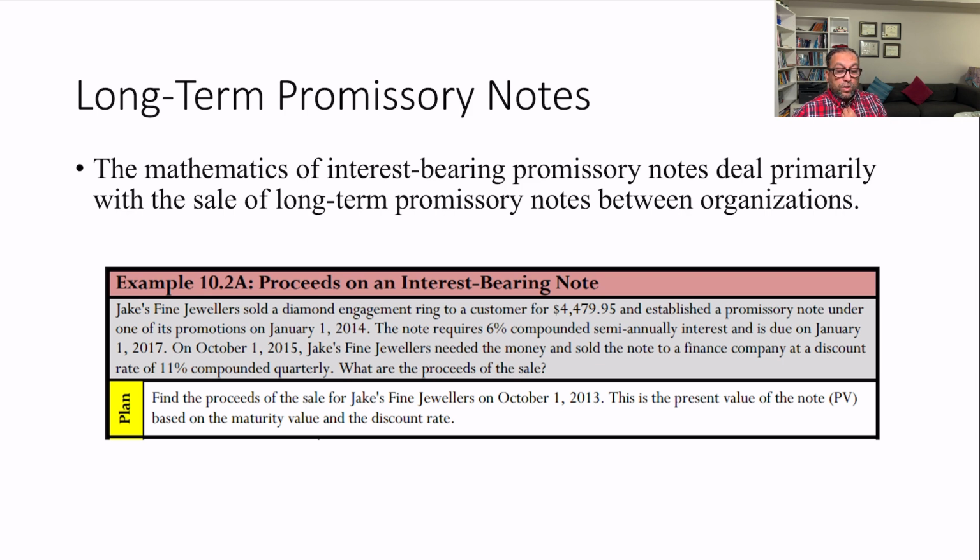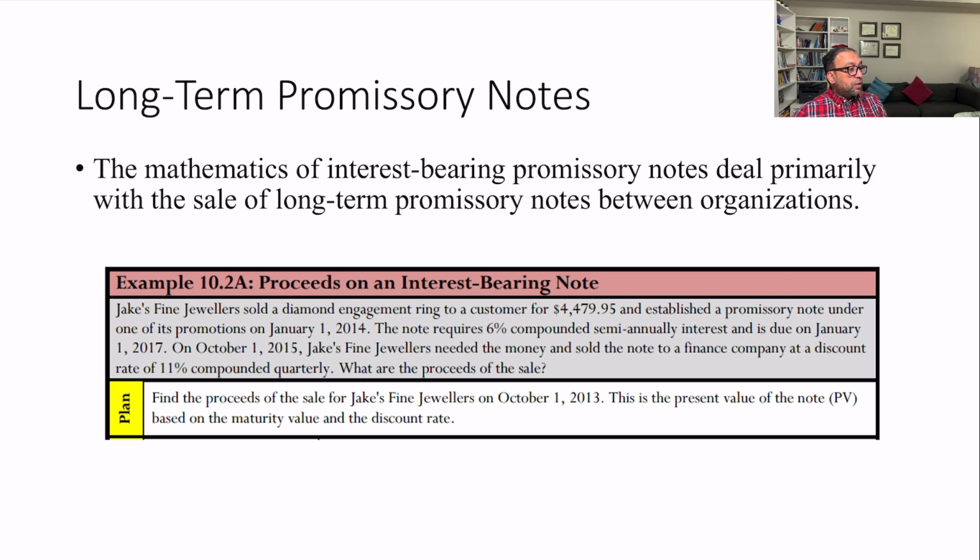The note requires 3% compounded semi-annually interest rate and is due on January 1st, 2017. On October 1st, 2015, Jake Fine Jewelers needed the money and sold the note to a finance company at a discount rate of 11% quarterly. What are the proceeds of the sale?